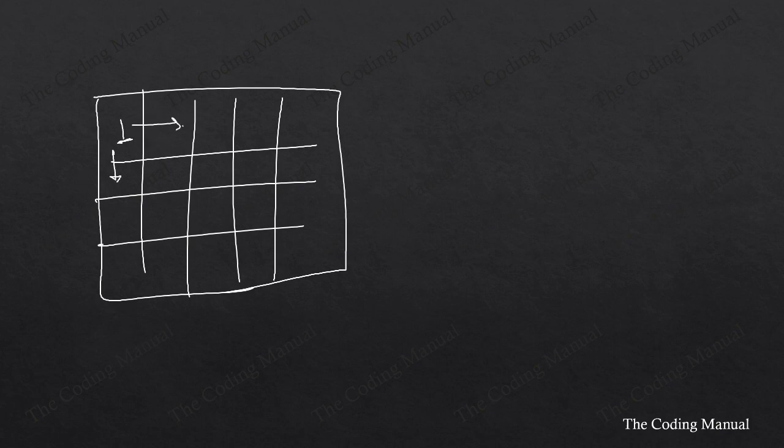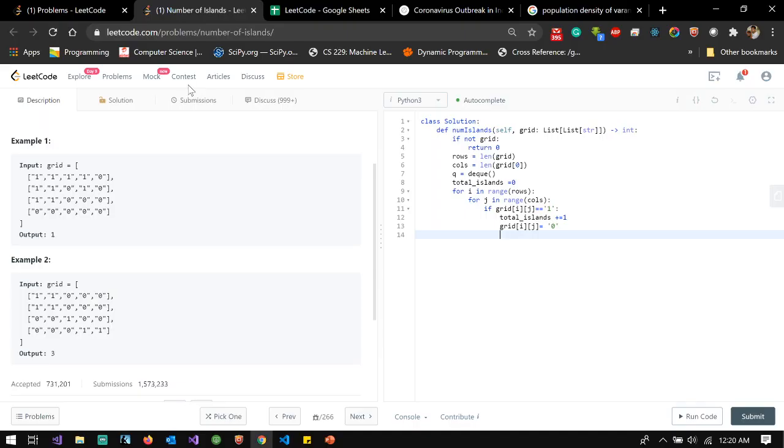Okay, whether there is land or not, whether downside there is land or not. So what I will do is q dot append that particular point in the queue.